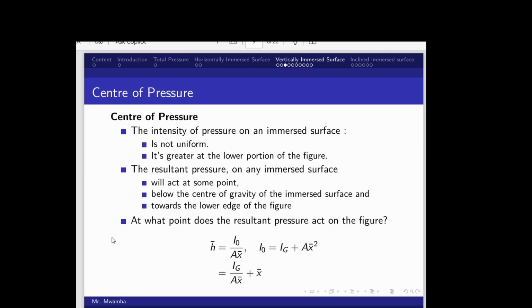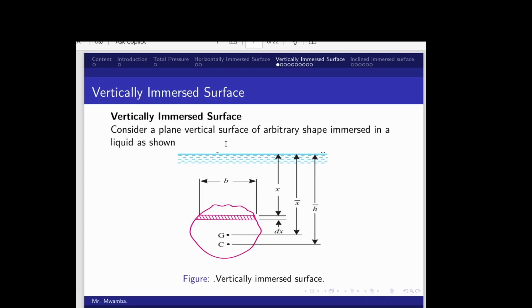So let's go through this point, the center of pressure. The intensity of pressure on an immersed surface is not uniform. When we go back to this immersed surface, on top here, the pressure exerted by the fluid above this object is less compared to the point here, because at the bottom you have more liquid volume pushing on this point.